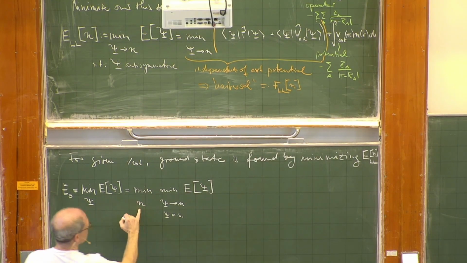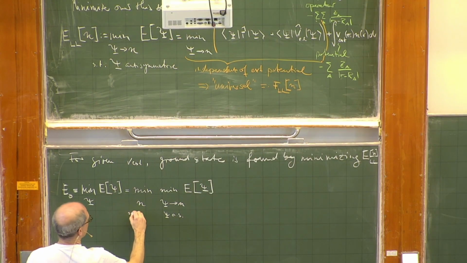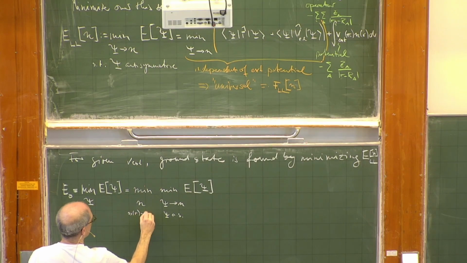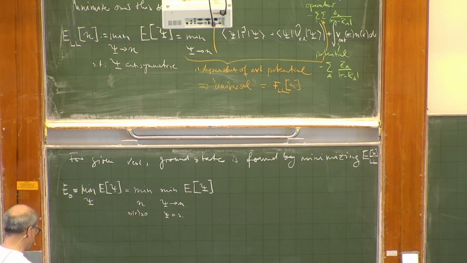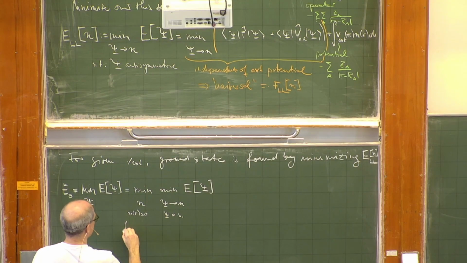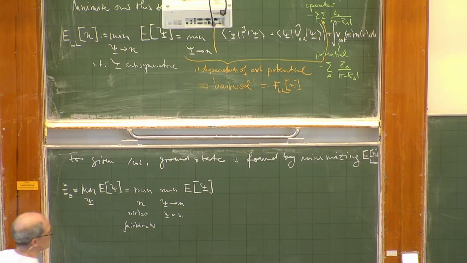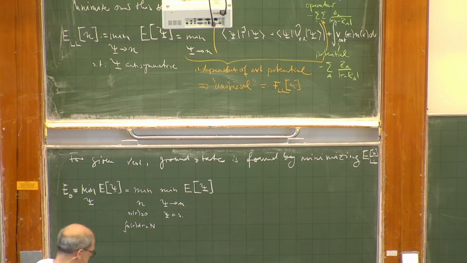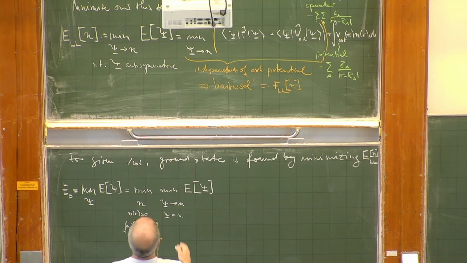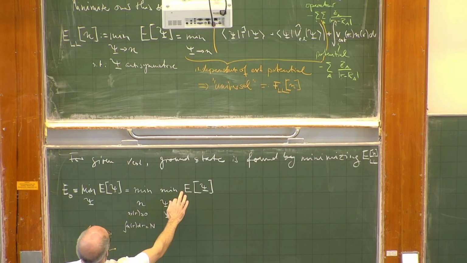And we can only use legal densities here, so n of r must not be negative, and it must integrate to the correct number of particles. So the integral should be capital N, the number of electrons.